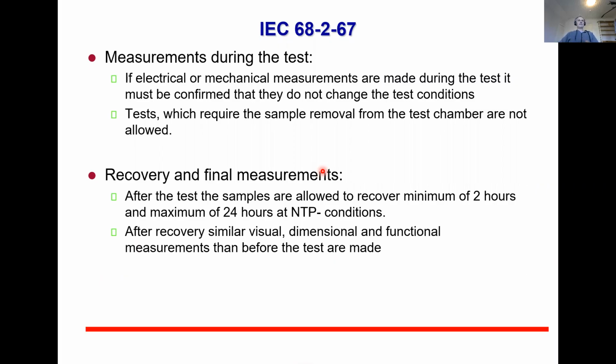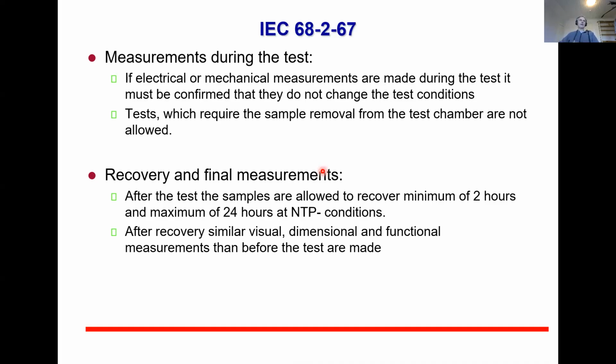The minimum thing is that you at least need to put it in the report that this was done, and agree on that with whomever you are targeting this test. If you're doing your own product development, of course, then you are free to do whatever you want. But if you claim to your customer that this product has been tested according to this IEC 68-2-67 standard, then you cannot do it if you have interrupted the test, because when you interrupt the test and remove the samples, the moisture which has penetrated starts to dry out.